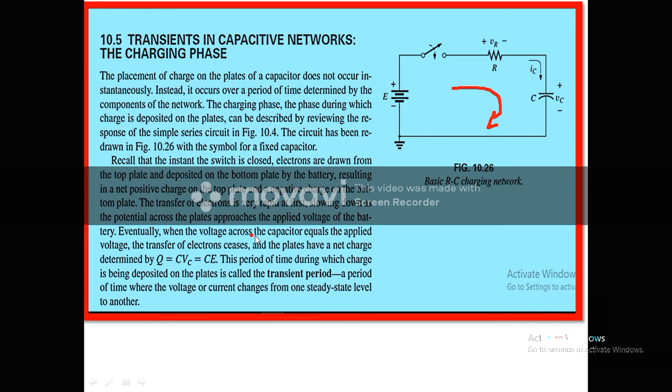Okay, and this process continues till Q is equal to CE. As we get Q is equal to CE, means voltage is equal to the voltage of that source, then the storage will cease, and we can say that the capacitor is now fully charged.